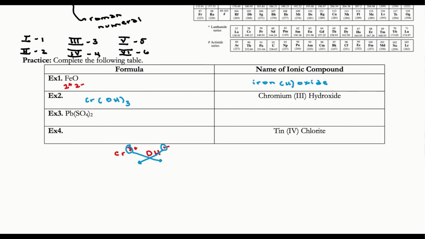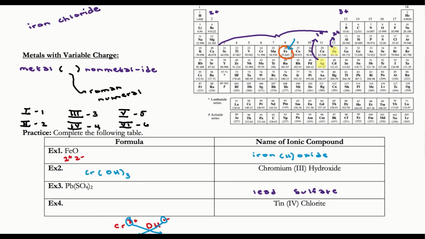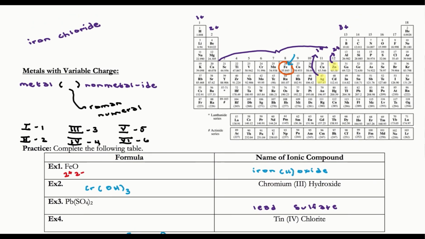Okay, let's look at the next one, Pb(SO4)2. So I'm first going to write out the name, lead sulfate. And let's look to see if I need to include a Roman numeral for the charge, or if, by looking at the periodic table, I know the charge already. Well, lead is right here, so I do not know its charge, so I've got to figure out what that would be. So let's problem solve this.